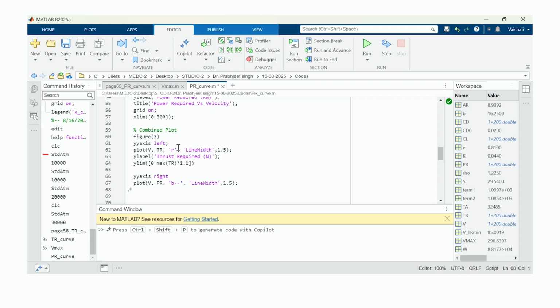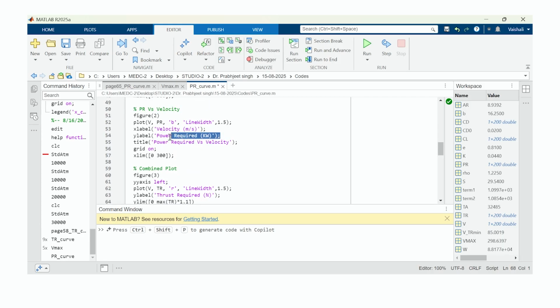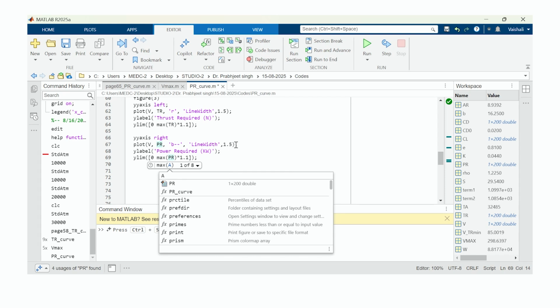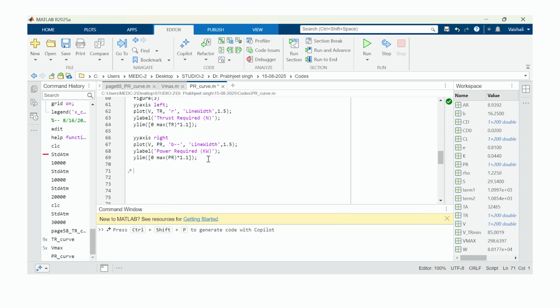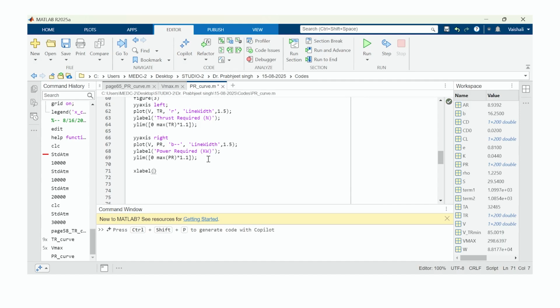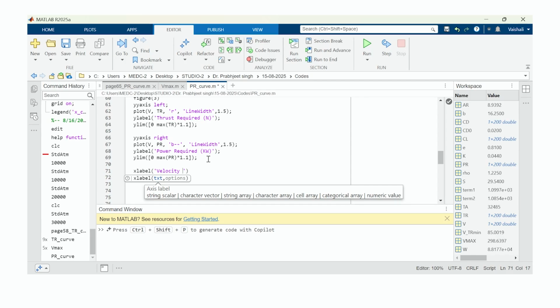Now y label will be power required in kilowatts. Okay, and let me put y limit here as well, 0 to max of PR. Okay, and then finally, what is in the x-axis? X label velocity, meters per second.